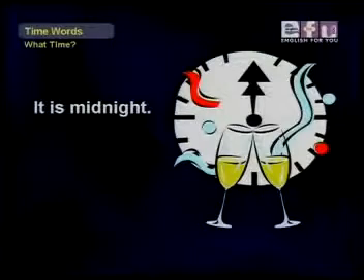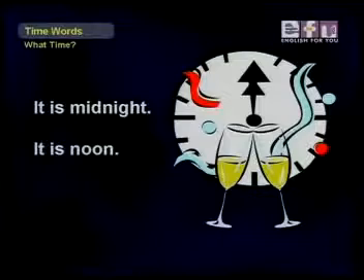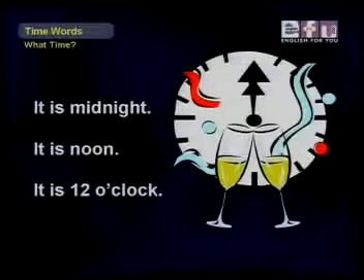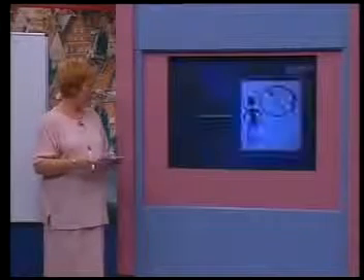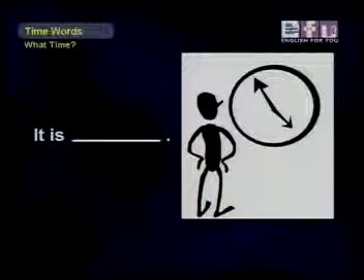It's midnight. It's noon. It's 12 o'clock. Okay. It is midnight. It is noon. It is 12 o'clock. Good job. Now, Isabel. It is 10 to 5. All right. And another one? It's 4:50.